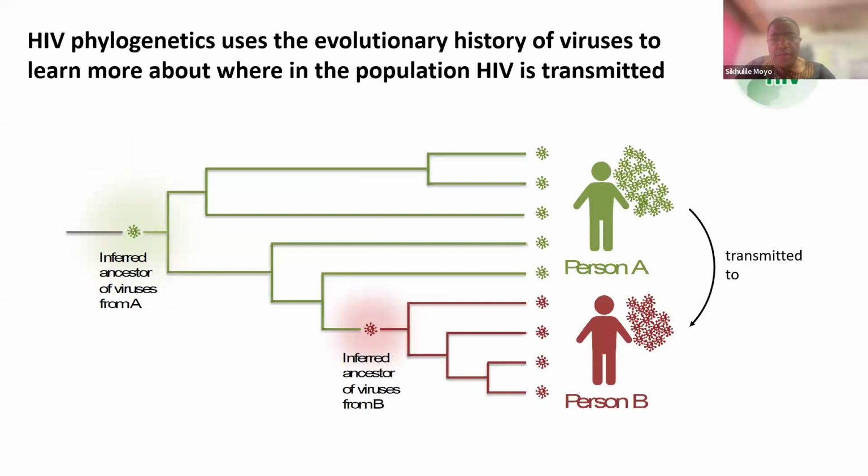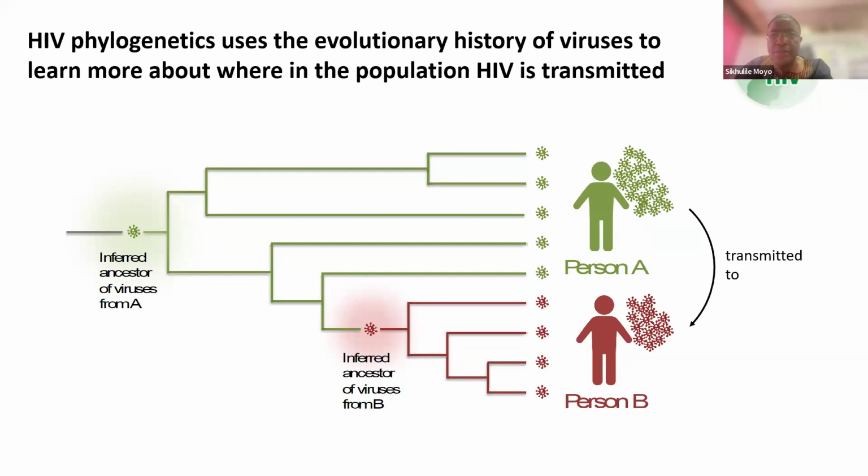So how do we use phylogenetics? When you sample blood from study participants, or from a program perspective, when you analyze their viruses, you can determine who is likely to have infected whom, and learn more about the sources of infection. Most importantly, the tools we have generated allow us to quantify the patterns of transmission in a given population.